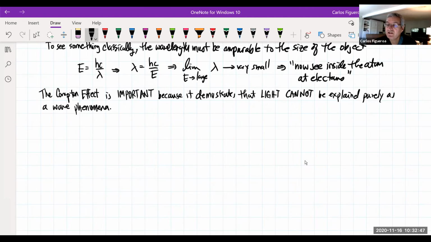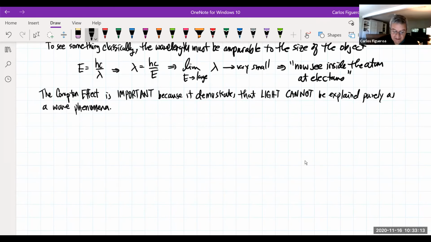Remember how I said the most important thing about the photoelectric effect was low intensity light ejecting electrons from a metal. The same thing happens with Compton scattering: low intensity light shining off of electrons could not explain the data.